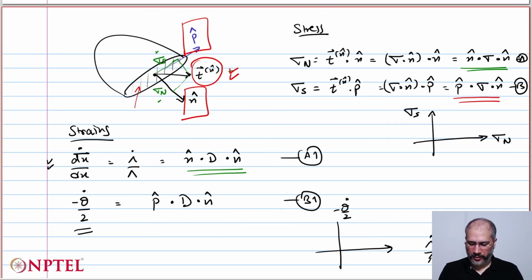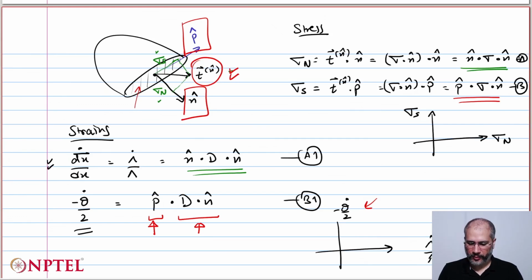And since minus theta dot upon 2, which is one of the coordinates in this strain plane, is dependent upon p hat, as we change p hat, we will see that the dot product between p hat and the vector formed by d dot n will keep changing.